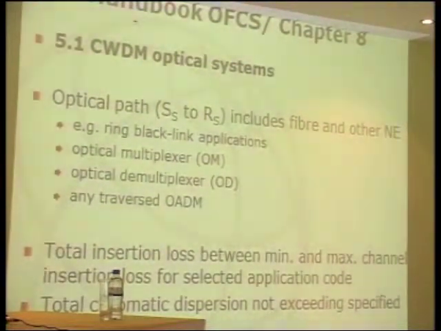This will give us an attenuation class, which means that for a given application, I will have a minimum attenuation and a maximum attenuation. And moreover, I will get also a parameter for the chromatic dispersion.